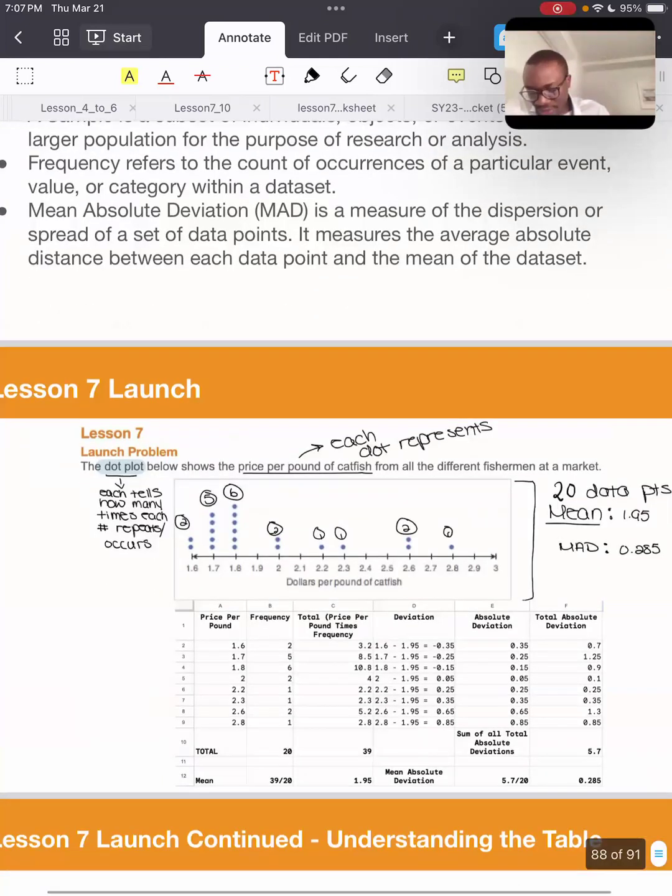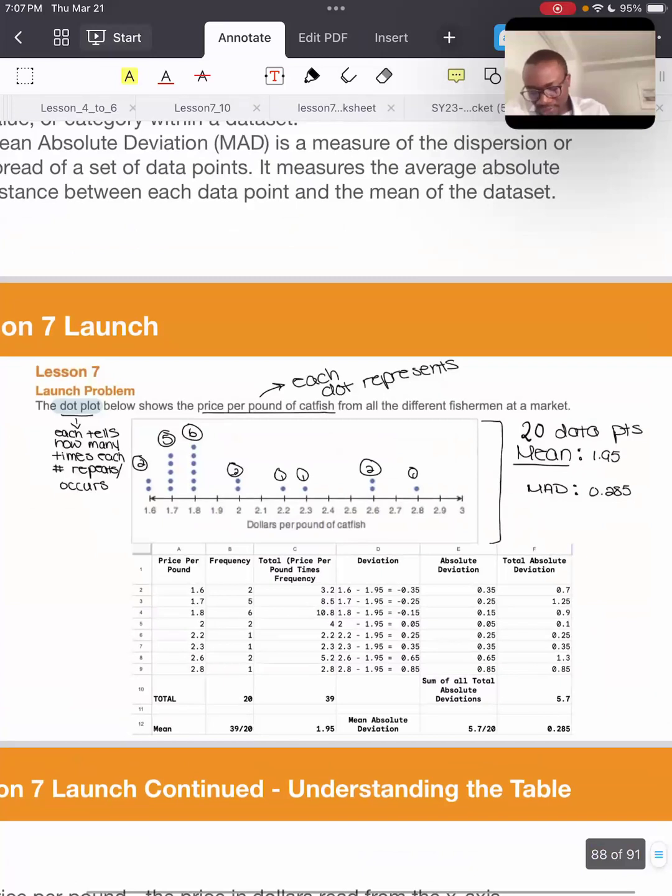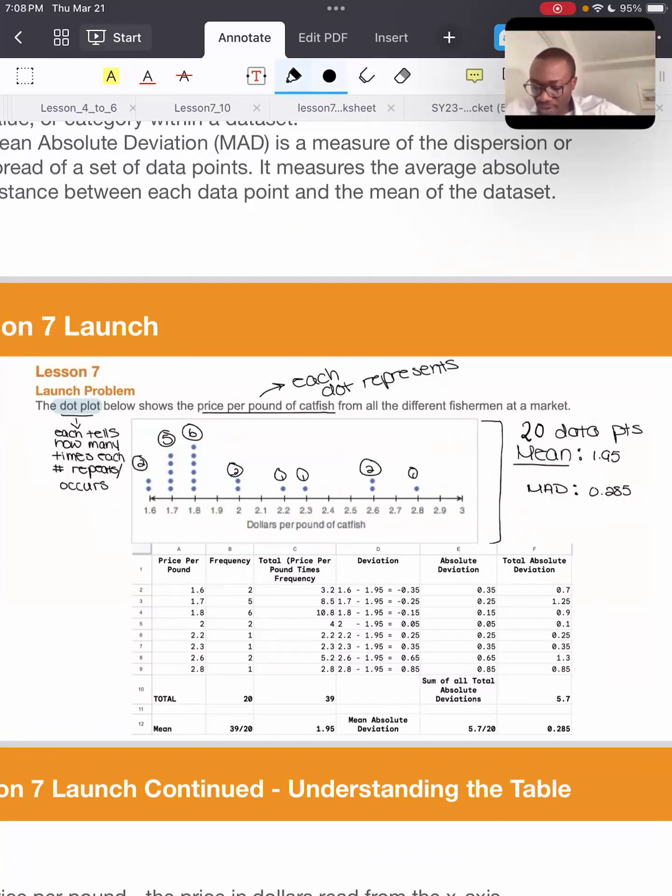So let's look at the launch problem. The dot plot below shows the price per pound of catfish from all the different fishermen at a market. Specifically, I want you to understand how I found the mean and the mean absolute deviation.